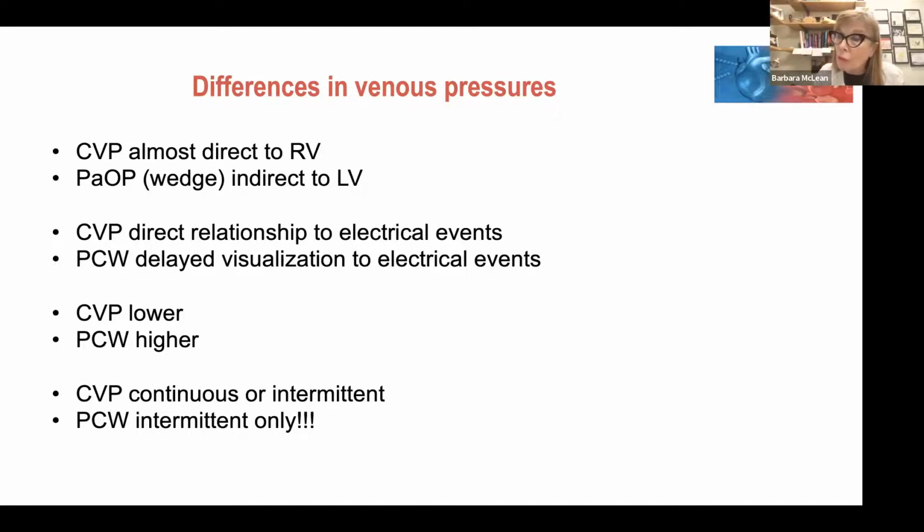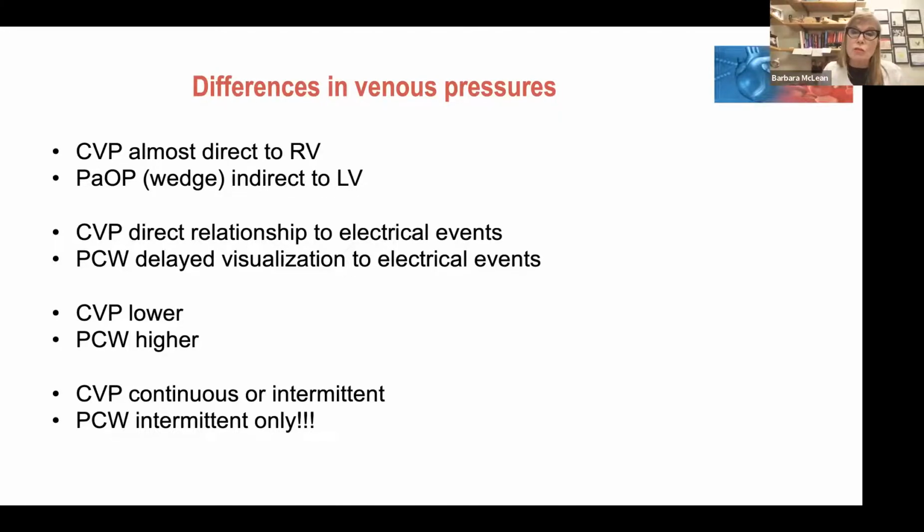CVP is lower than wedge. Normal CVP is 0 to 8. And if you're on a ventilator, you're going to add 4 on either side, 4 to 12. Okay, that's normal central venous pressure. Normal wedge pressure, 8 to 12. And I'm going to add 2 to 4 to either side for positive pressure breathing.